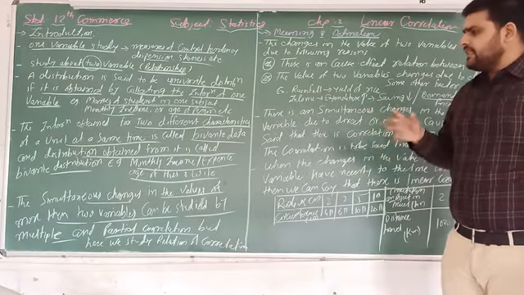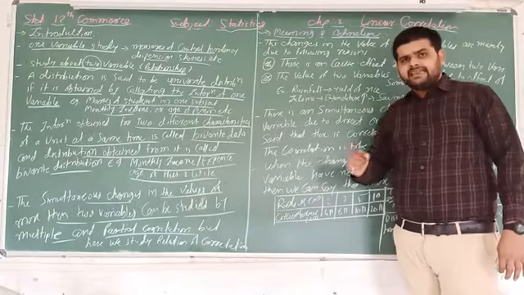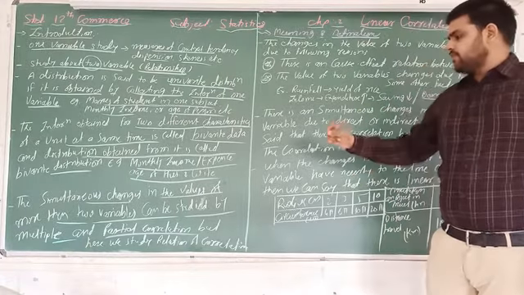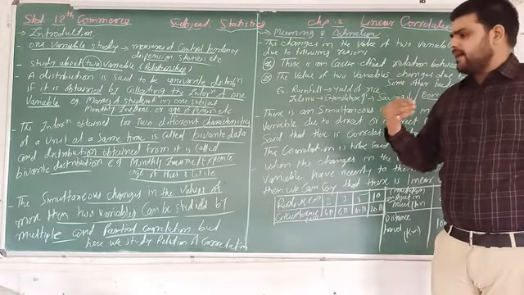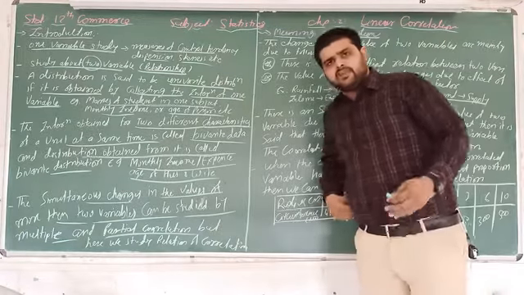Whatever changes in the values of more than two variables we have to study, that study is called multiple or partial correlation. But here we are studying the various types of correlation.